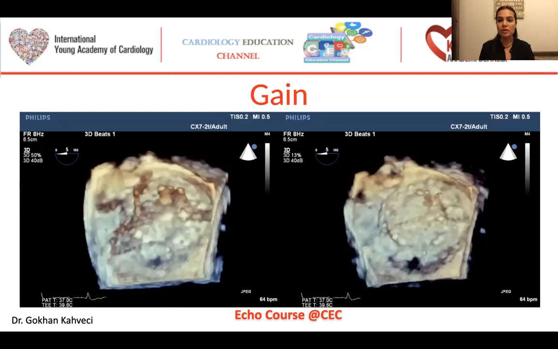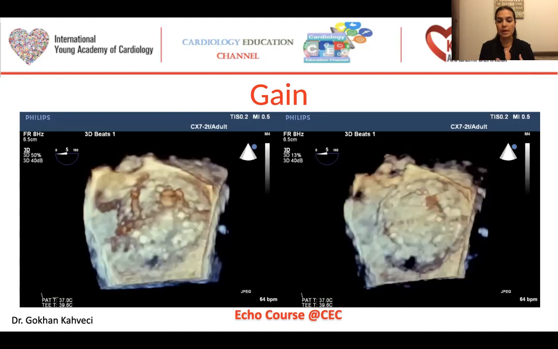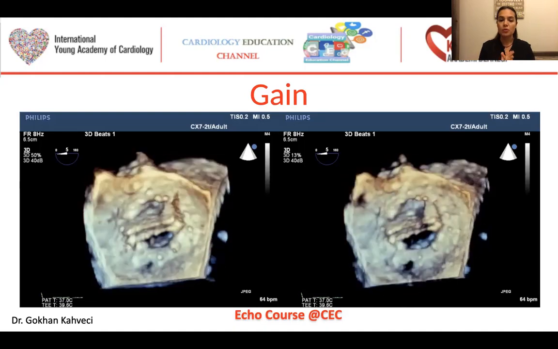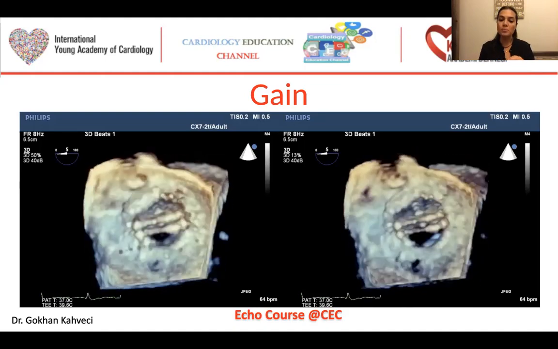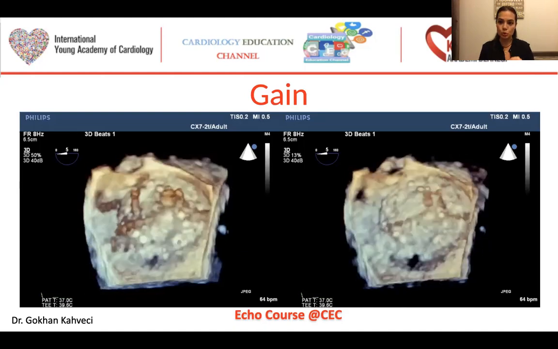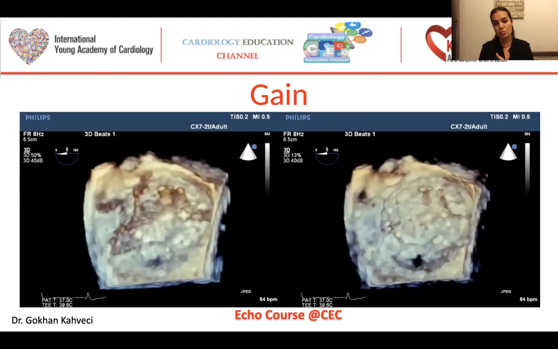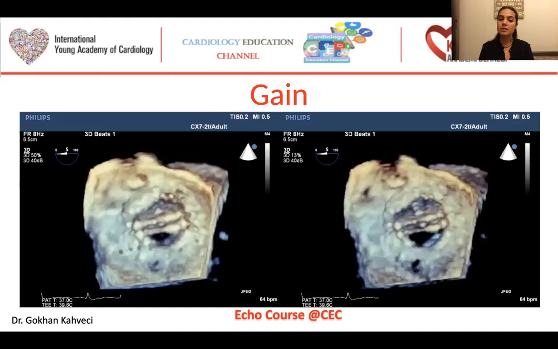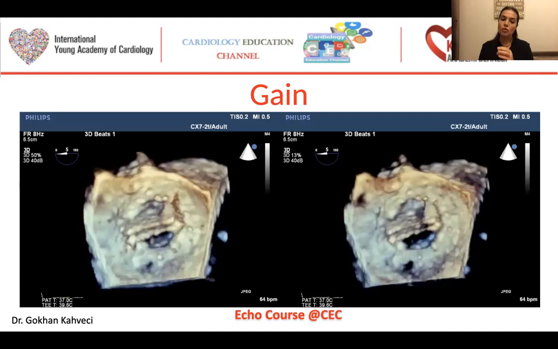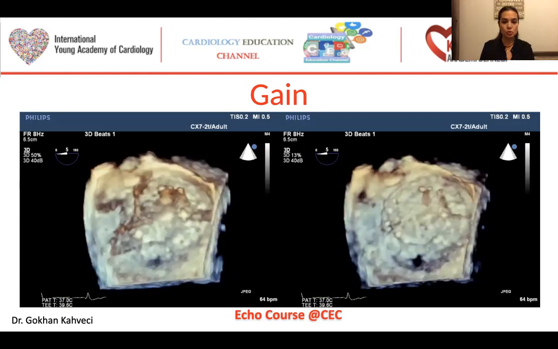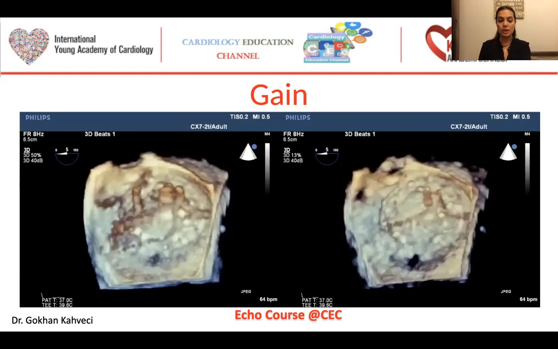So what should we do while maintaining the gain? We should go with 2D actually. We should optimize the gain in 2D, then convert the image to 3D, not optimizing at 3D images. First, we should go with 2D optimization and then go to 3D images.